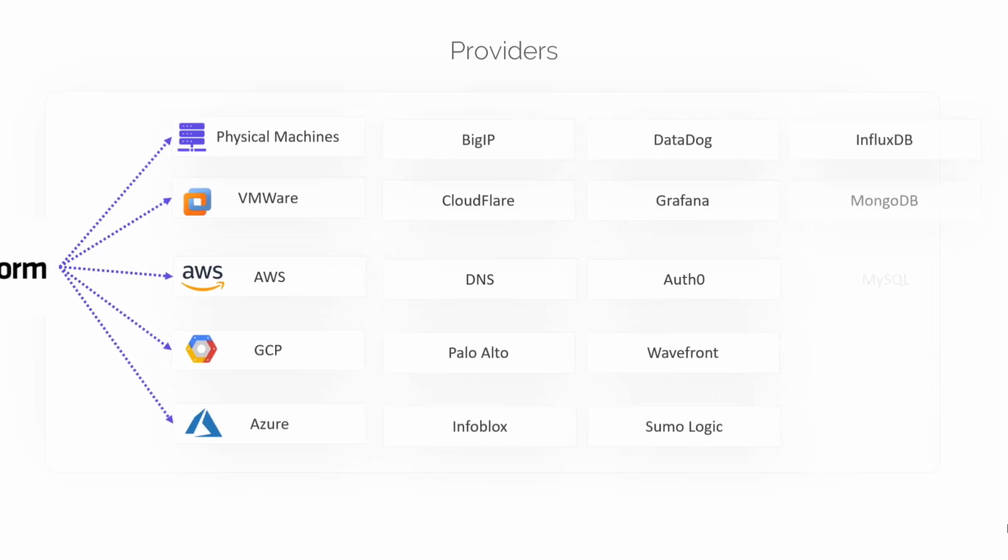Databases like InfluxDB, MongoDB, MySQL, PostgreSQL, and version control systems like GitHub, Bitbucket, or GitLab. Terraform supports hundreds of such providers and as a result can work with almost every infrastructure platform.